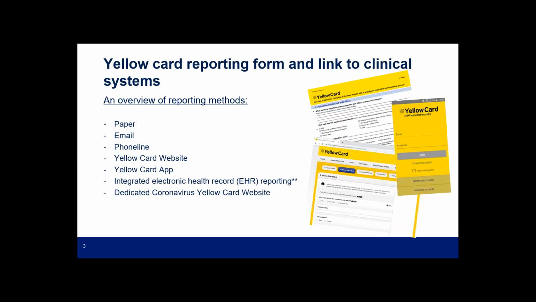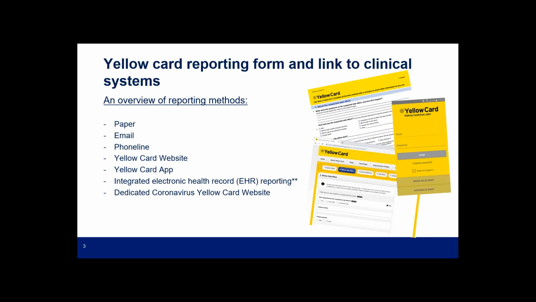So first of all, to provide you with some background, at the MHRA, our adverse drug reaction reports are known as Yellow Cards, and they're collected through our spontaneous reporting system, the Yellow Card scheme. So we accept direct reports from patients, parents and carers, as well as healthcare professionals, and people can report to us through a variety of routes, including paper reporting forms, via email, via our dedicated Yellow Card phone line, through our website and through our mobile phone app, which is available on iOS and Android.